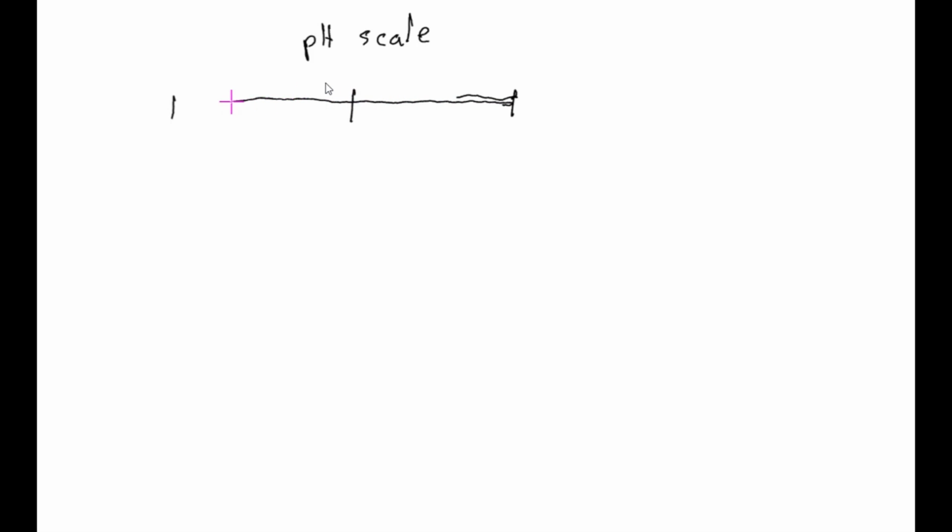In fact, the more you have of one, the less you have of the other. So at one end of the pH scale, we can imagine a 0. And at the other end of the pH scale, we're going to imagine a 14. I'll come back to the math behind it later on, but that's not the most important thing right now. The pH scale ranges from 0 to 14, with 7 being the midpoint.